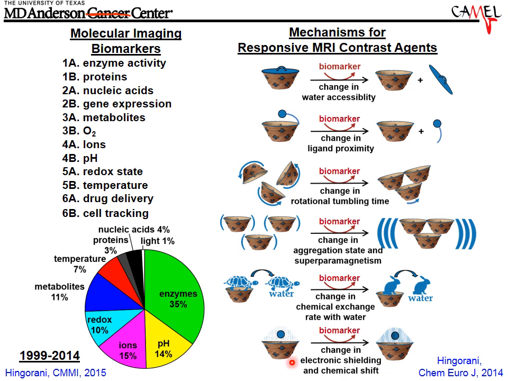A change in electronic shielding can occur too. And so these are the six mechanisms. There are only really six mechanisms for responsive MRI contrast agents, for the lanthanide chelate series, and also for iron oxides and manganese as well. I'd like to point this out because there's a whole variety of responsive agents that have made much more progress in the literature looking at biomarkers of the tumor microenvironment.